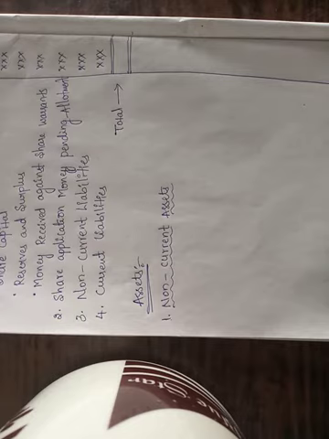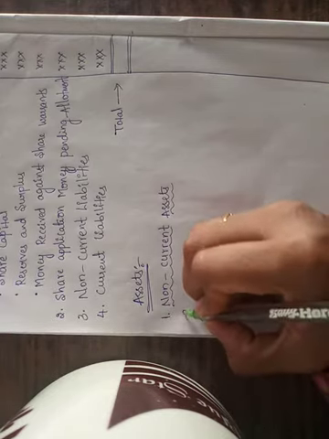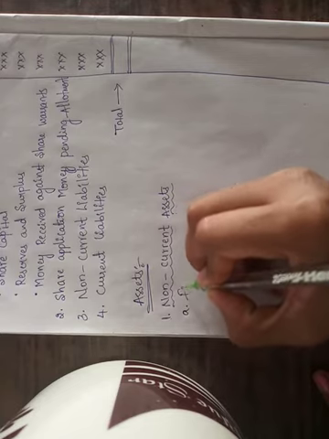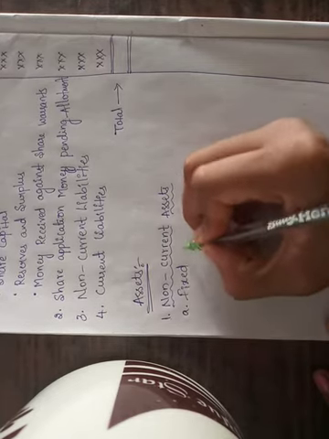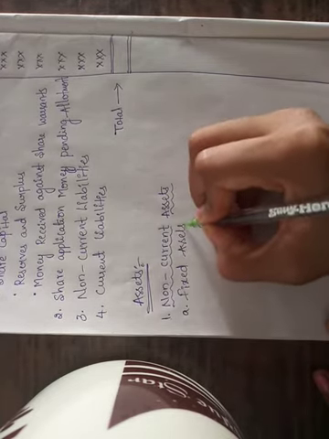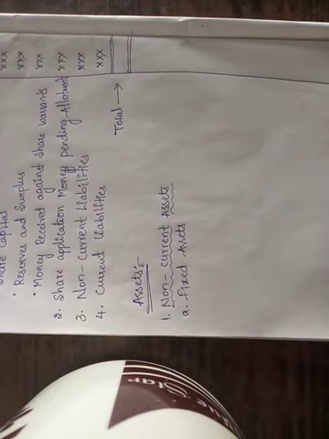Under these non-current assets, first, fixed assets. These fixed assets are divided into two types: one is tangible assets and the second one is intangible assets. What is the meaning of tangible assets?